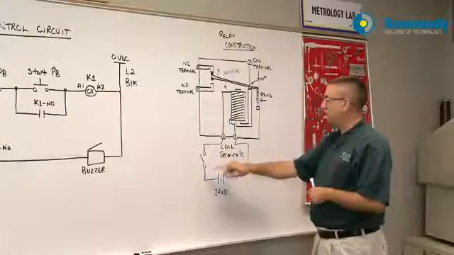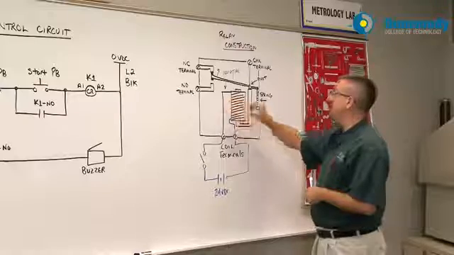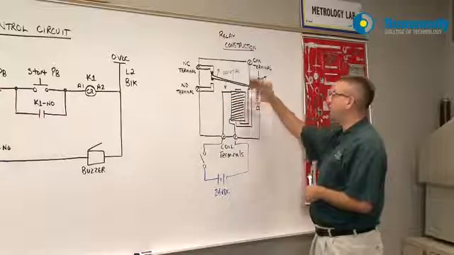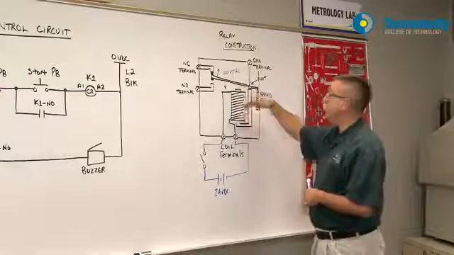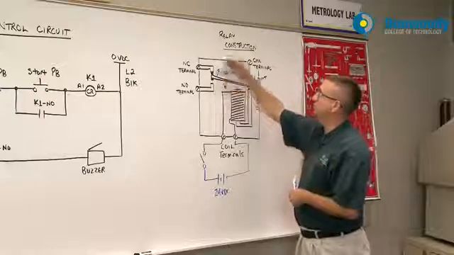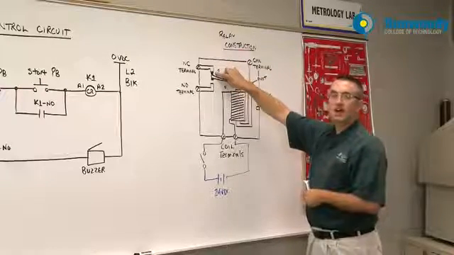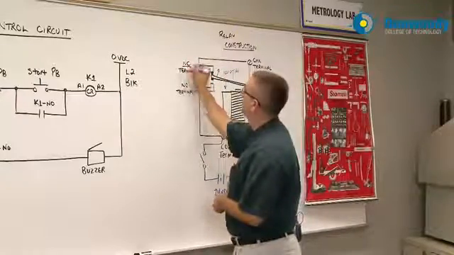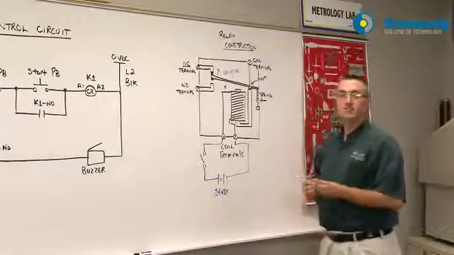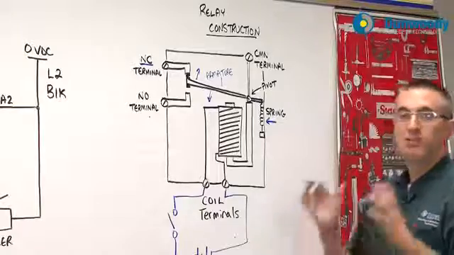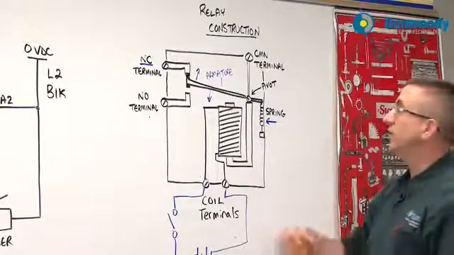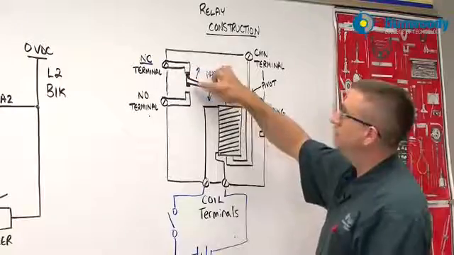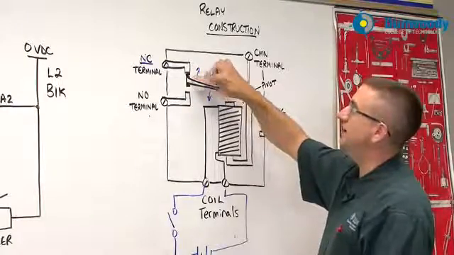So the switch is off, the coil is de-energized, the spring is pulling on this, there's no magnetism to pull on the armature, and what happens is this armature flies up to the normally closed contact. This NC stands for normally closed, it means that it's normally closed without power on the coil. So in this particular example, the armature is sitting on the normally closed contact.